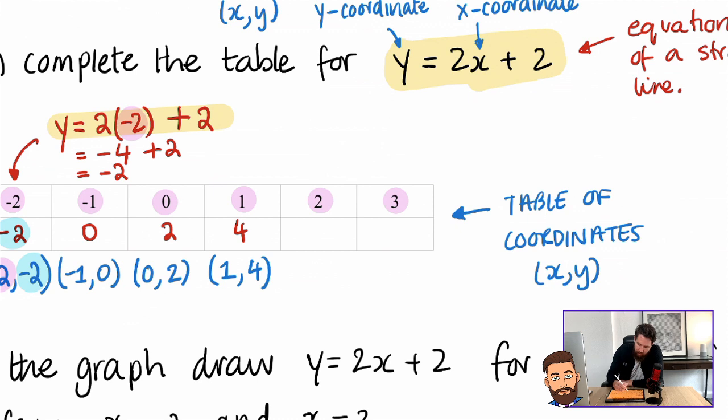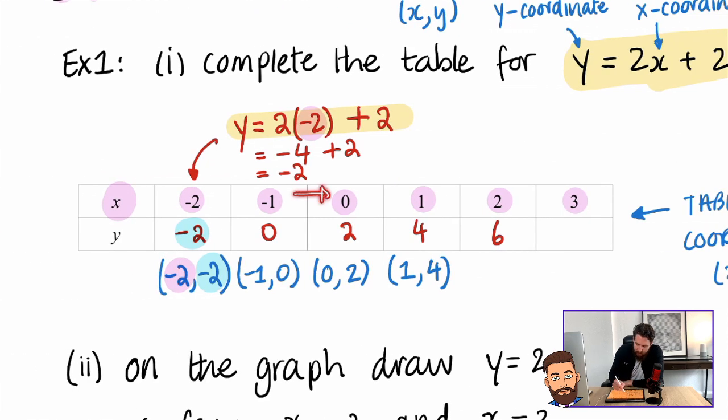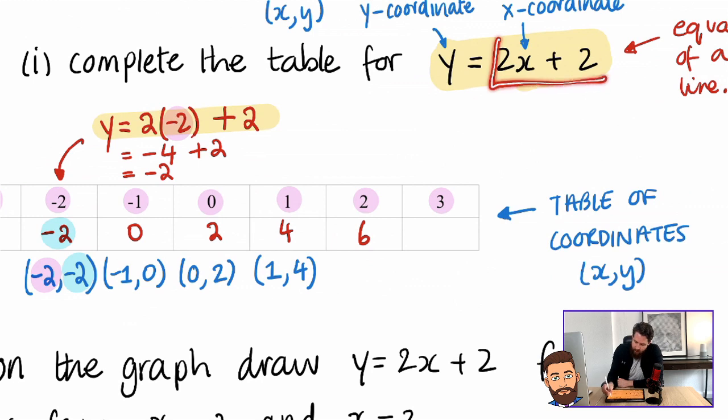And you might have already thought to yourself, I bet it's going to be 6, because you can see a pattern. And what is that pattern? The pattern is every time we go across 1 on the x, so these are increasing by 1, every time we go across 1 to the next coordinate, what's happening to the y? It's going up by 2. Well, this is an nth term, isn't it?